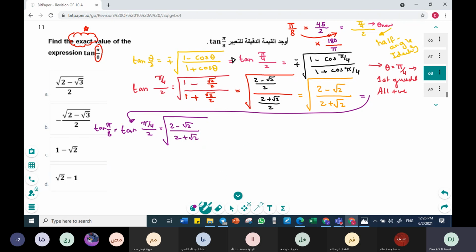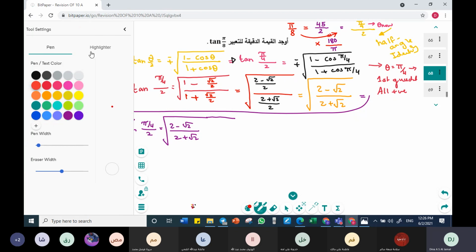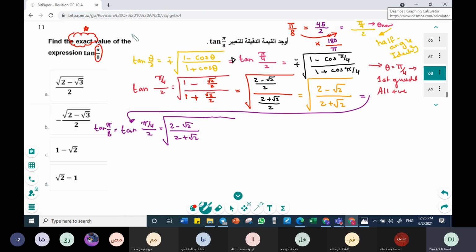And under the square root, I need to multiply by an expression that we took previously in grade 9, which is the conjugate. In Arabic, it's al-murafaq, the conjugate.